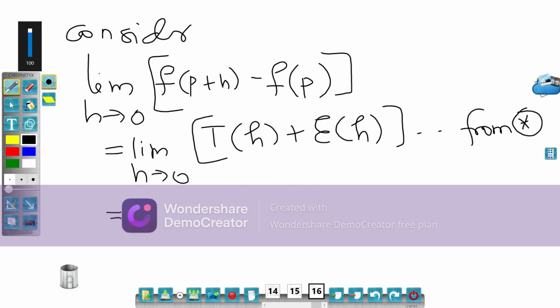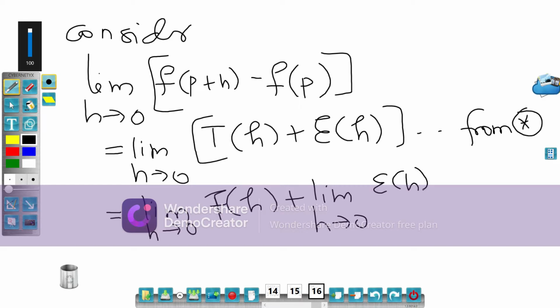Which is the same as the limit as h goes to 0 of T(h) plus the limit as h goes to 0 of E(h). Here we can multiply and divide by norm h, and if the norm of E(h) over norm h goes to 0, then E(h) also goes to 0, if and only if.